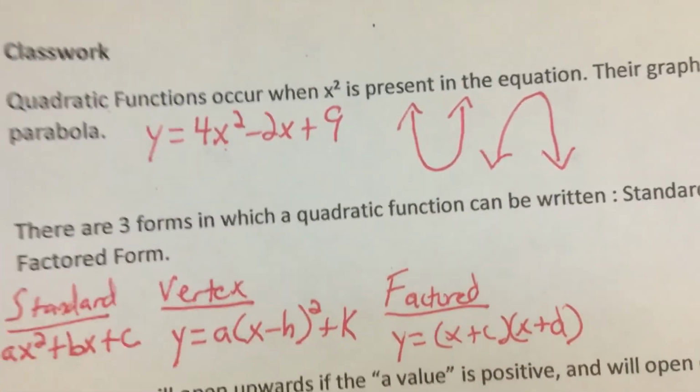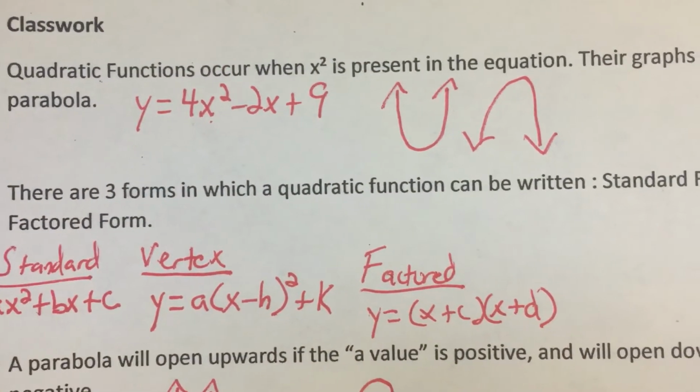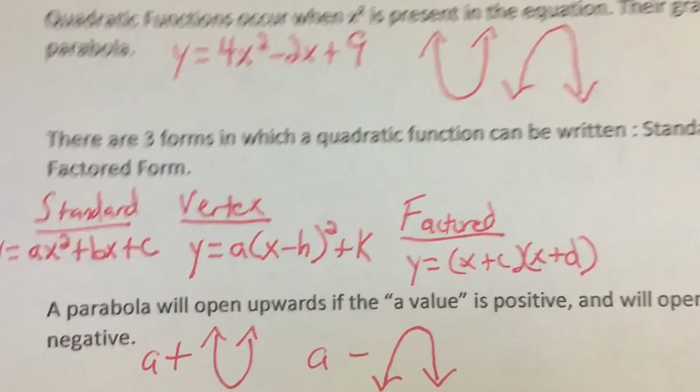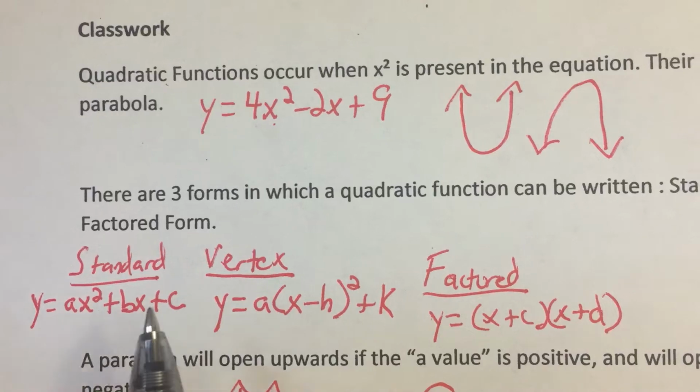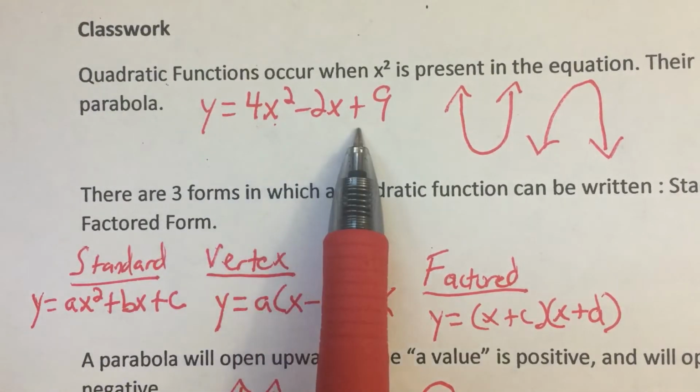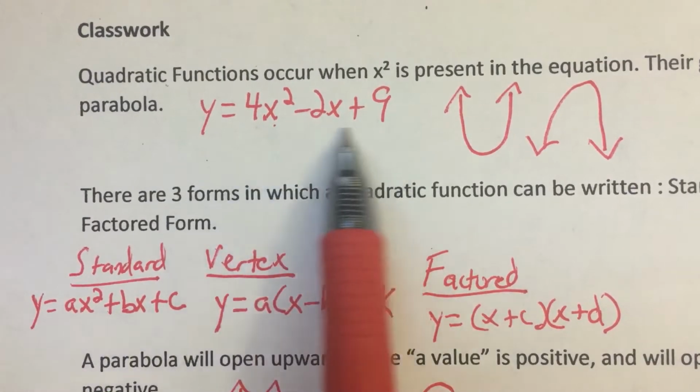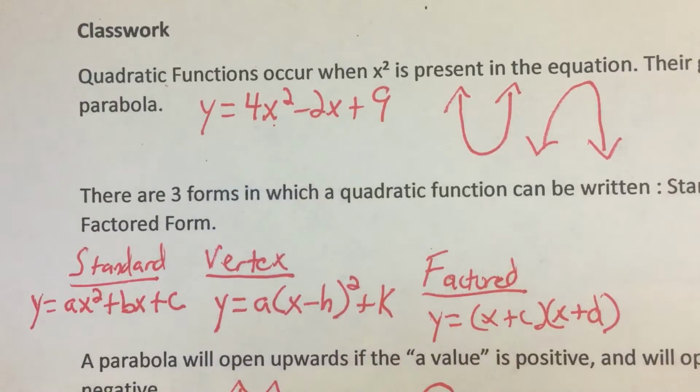There are three forms in which a quadratic function can be written: standard form, vertex form, and factored form. Here they are. Standard form is much like the one I wrote just a moment ago. You got y equals ax squared plus bx plus c. Notice there's no parentheses anywhere, as there is none in this one.